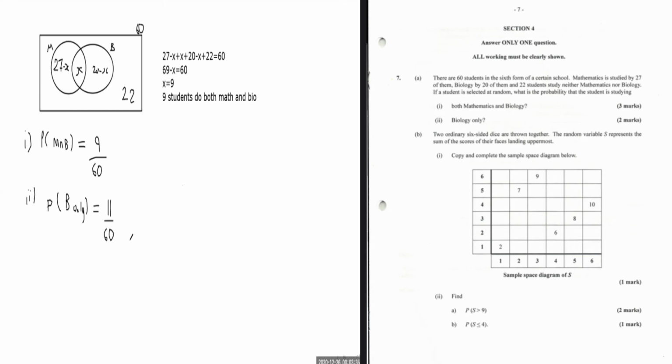Now it says copy and complete the sample space. That's the next part of the question. We're just going to make a border around here. For part B, we're going to make a border around here.